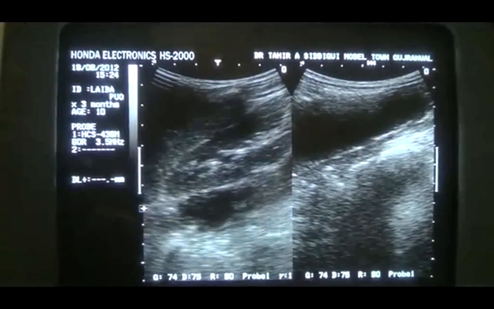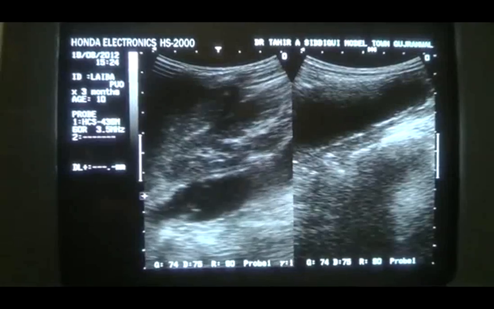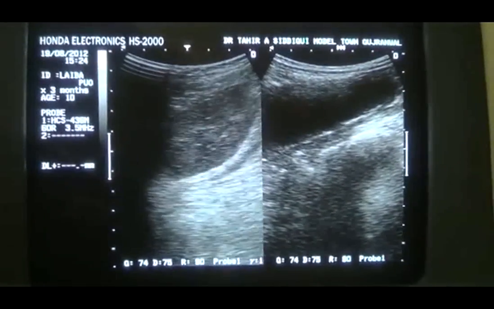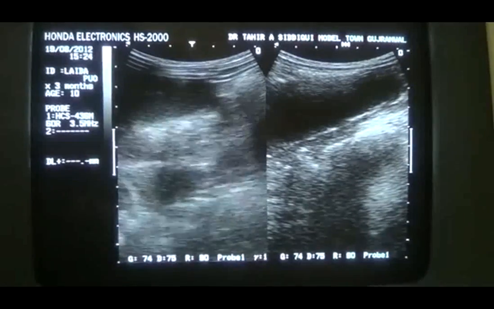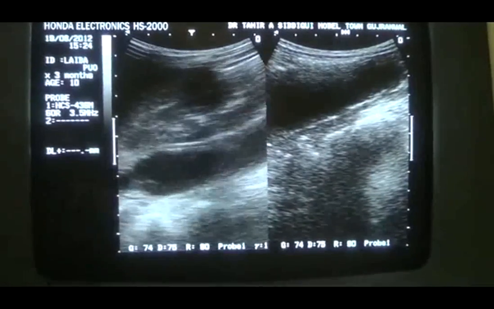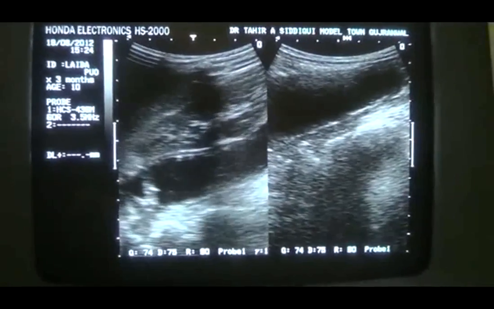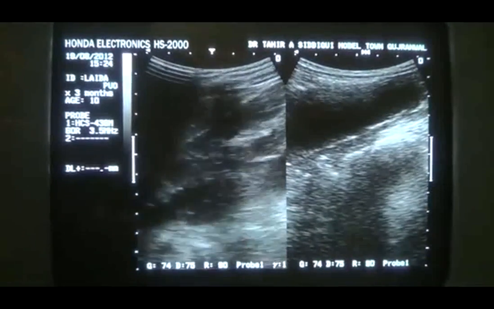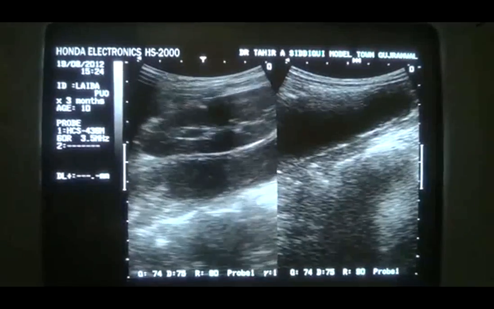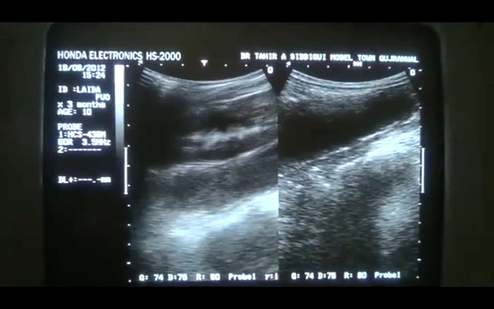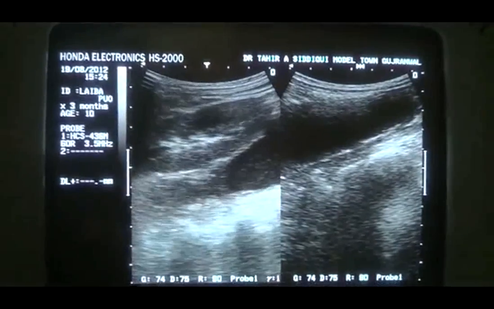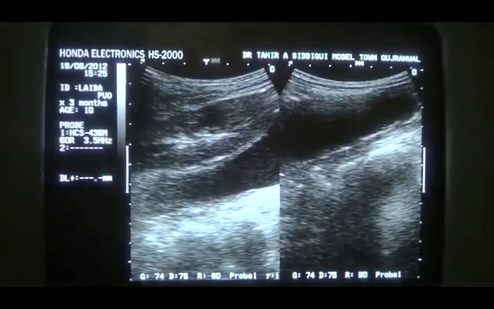Now this cystic area is in fact there, and you don't see any muscle in this region. Where is the psoas muscle? So this is in fact a left psoas abscess, and this left psoas abscess is the cause of her PUO for the last 3 months.